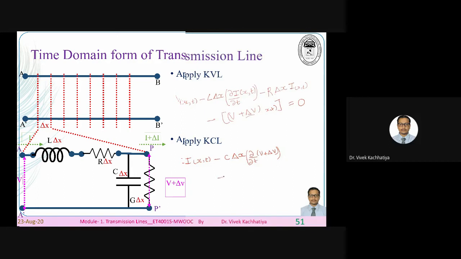Okay, I'm writing it below. It's minus conductance times delta X multiplied by some voltage V plus delta V, and this voltage has a suffix X comma T. And then there will be the final output current I plus delta I for X comma T. These are the equations when I apply KVL and KCL.